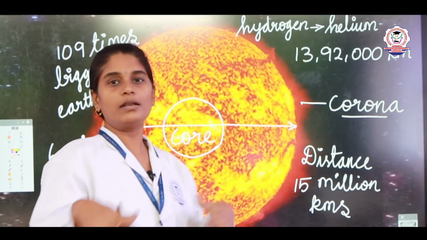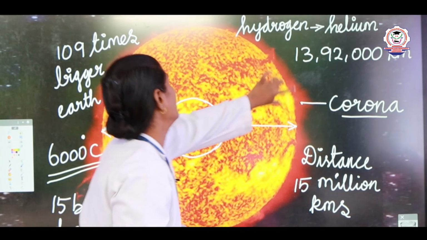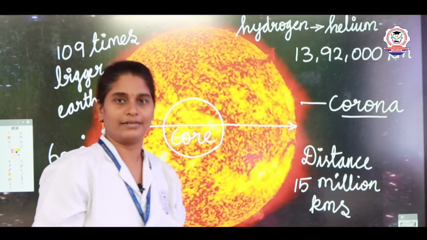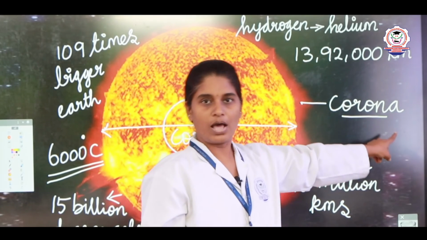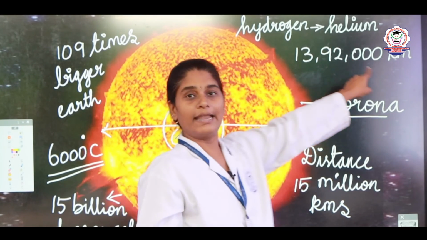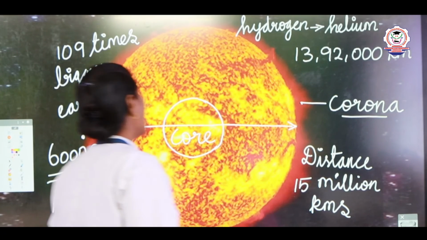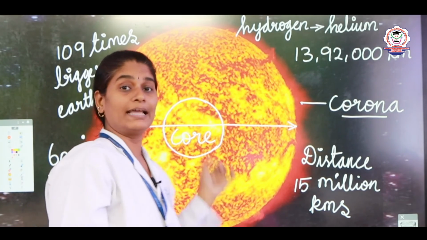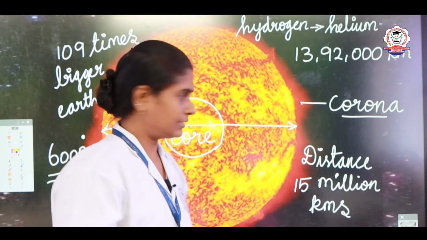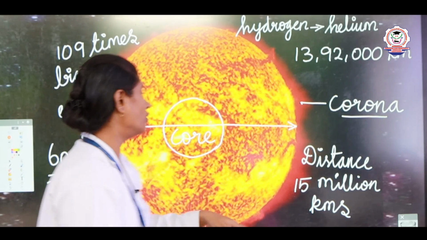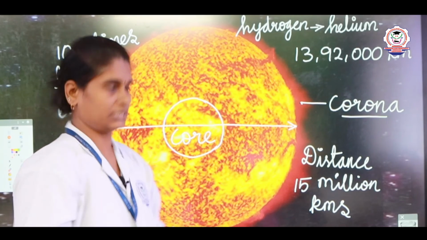You also learned that the thin layer of air around the sun is known as corona, the diameter of the sun is 13,92,000 kilometers, the size of the sun is about 100 times bigger than the earth, and the distance between the sun and the earth is about 15 million kilometers.